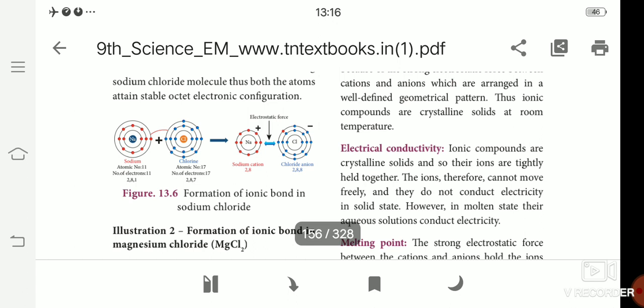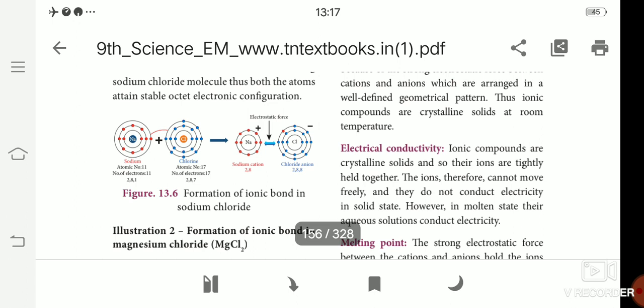So sodium loses an electron and chlorine gains an electron. Sodium becomes positively charged: losing one electron means positive charge, gaining one electron means negative charge. So sodium and chlorine form the ionic bond, a positive-negative bond. Sodium's outermost layer has 8 electrons, a stable electronic configuration, and chlorine's third valence shell is completely filled with 8 electrons. So both obey the octet rule.